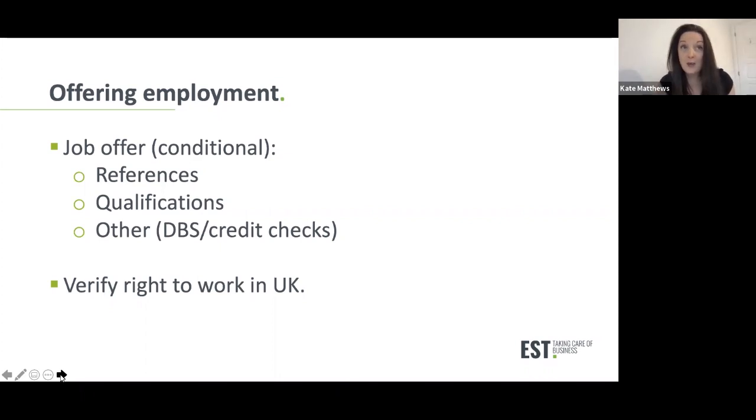It may be that you need them to have a particular qualification or professional membership. So you would need to state that in the offer letter, that it's conditional on that. And maybe in certain businesses, you might need them to have a satisfactory Disclosure and Barring Service check, to check their criminal history, or you might need credit checks, for example.